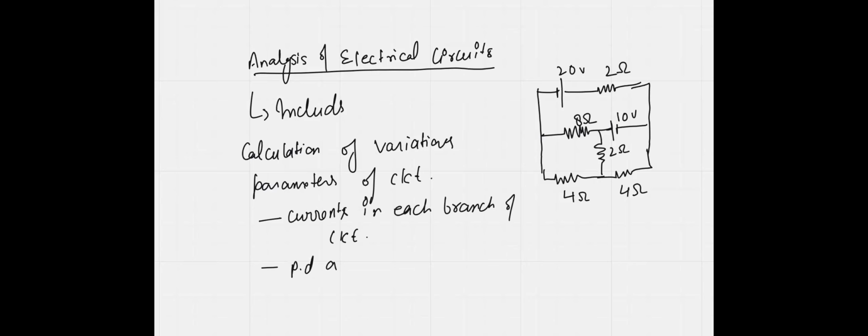potential difference across different points, or junctions, of the circuit.